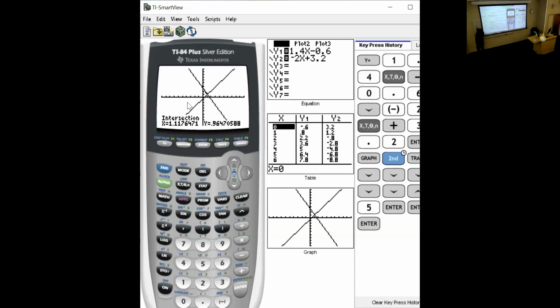So 1.118. And what is the corresponding demand? 0.965. So all I did is simply find the point of intersection using the calculator, and then I can infer whatever the calculator is giving us. So that is the calculator approach of doing things.